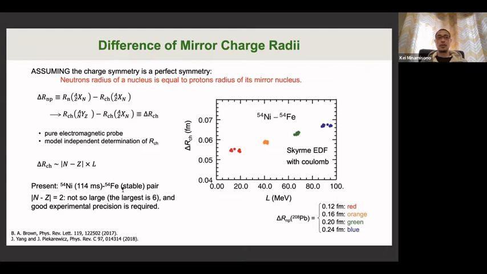This is stable, whose radius has been determined precisely in a different measurement. And N minus Z of this system is 2, and this is not that big. The largest we can hope to have of all the mirror pairs throughout the nuclear chart is 6. So the current system is not that sensitive, and our experimental measurement has to be very, very precise, which is possible for the charge radius measurement.